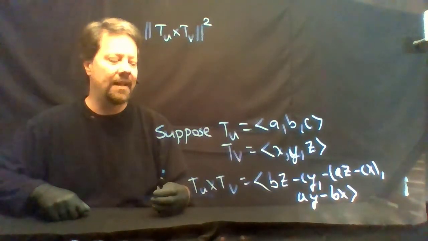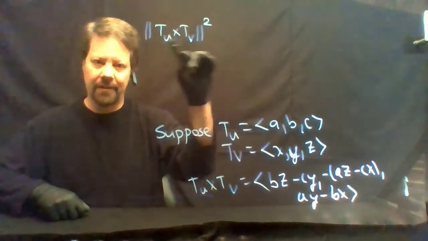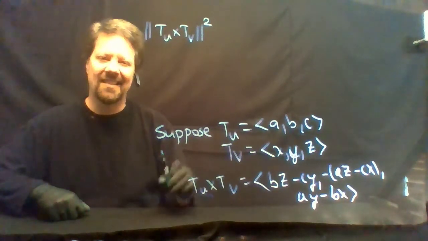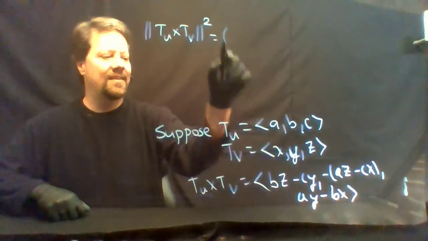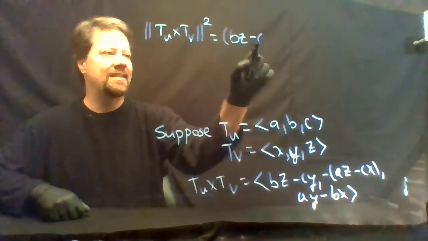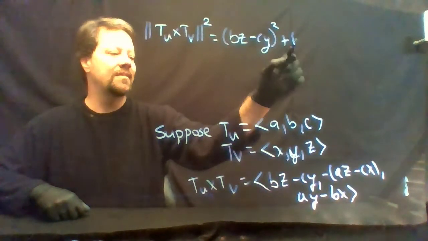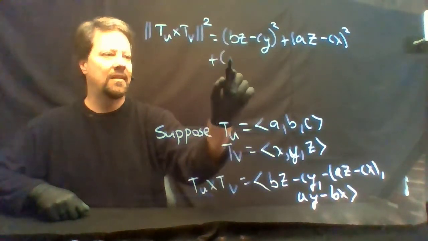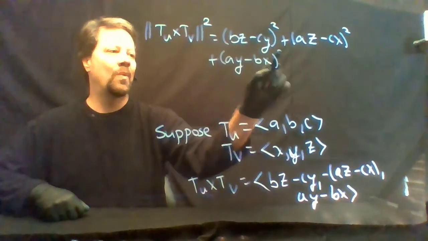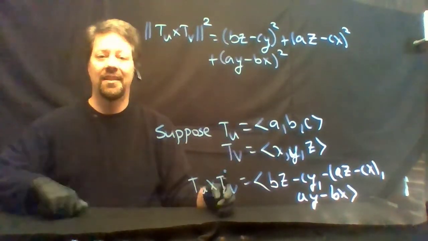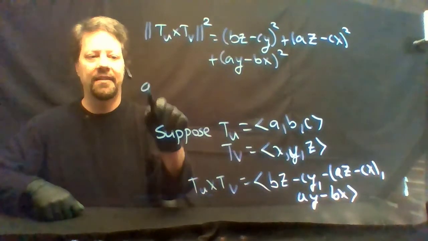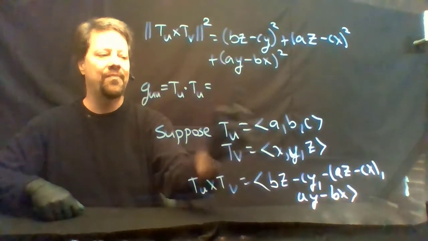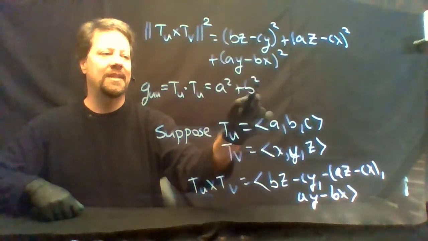Both sides of this equation will have a square root. When you calculate a norm, it involves a square root, and the square root of g obviously has a square root. We'll square both sides and not deal with the square root. This will be bz minus cy quantity squared plus az minus cx quantity squared plus ay minus bx quantity squared. To calculate g, we need to find GUU, which is Tu dot Tu. That's going to be a squared plus b squared plus c squared.